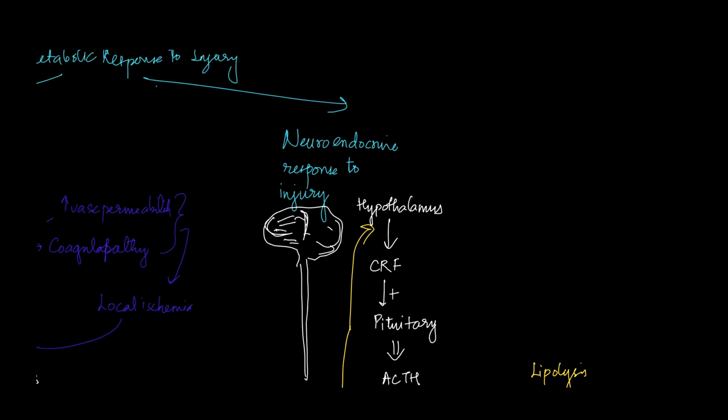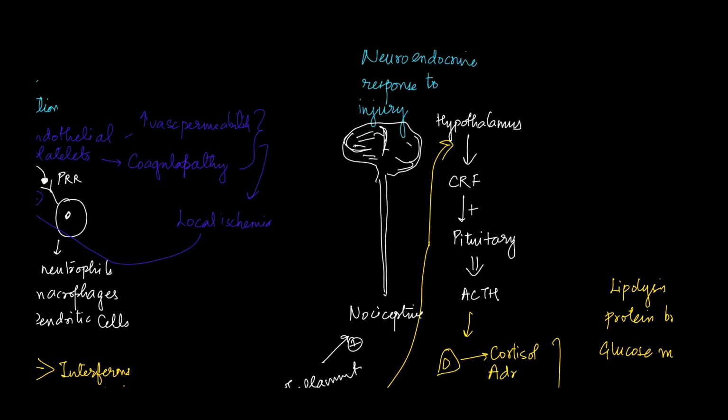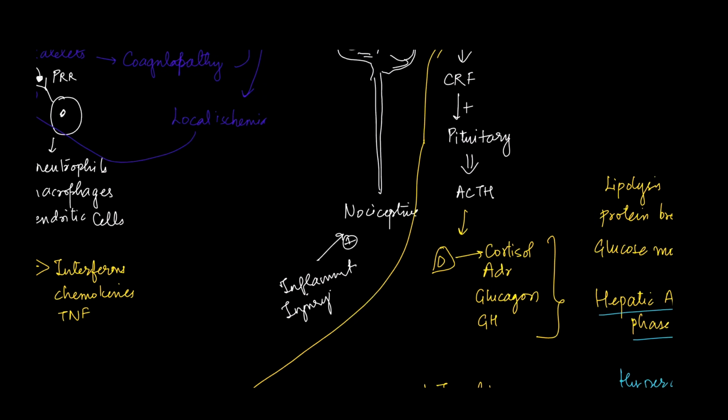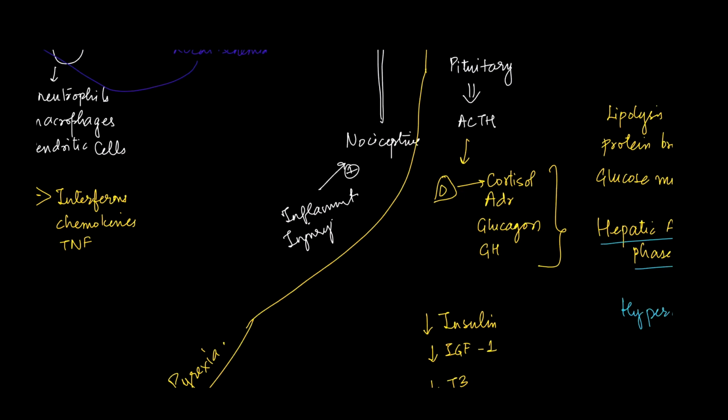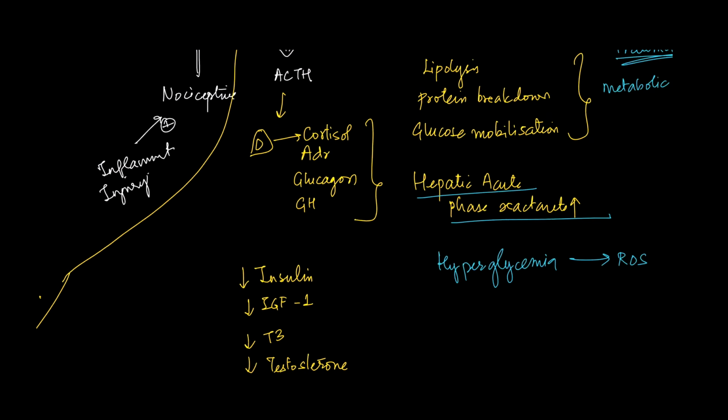So, once again, let us take a look at the neuroendocrine response to injury. The nociceptive neurons, which get excited by local inflammation and injury, carry this information to the hypothalamus, which releases corticotropin releasing factor, which further leads to the release of ACTH. ACTH acts on the adrenal gland and, along with cortisol, ADR, and glucagon, leads to the release of growth hormone. Subsequently, there's also a reduction in insulin growth factor 1, thyroid hormones, and testosterone. The effect of these counter-regulatory hormones would be hypermetabolism.